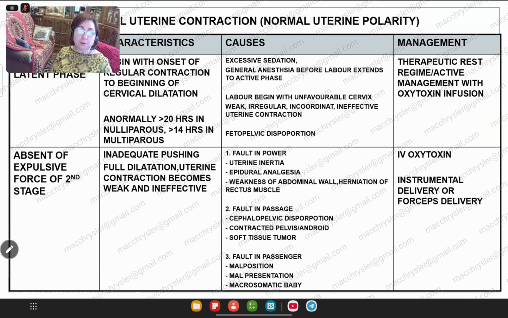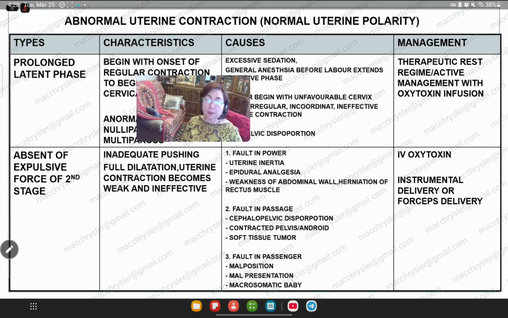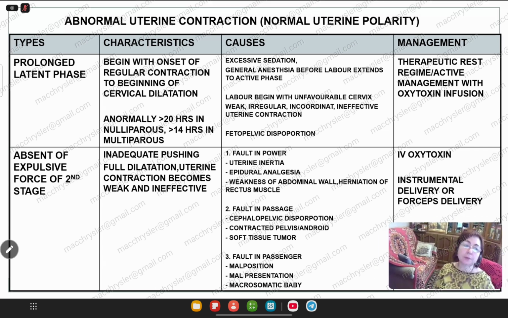Here I tried to systematize for you other abnormalities, like prolonged latent phase and insufficient expulsive force in the second stage of labor, with their main characteristics, causes and management.